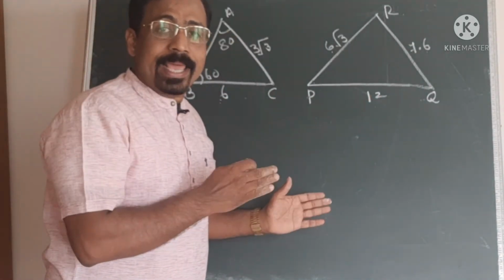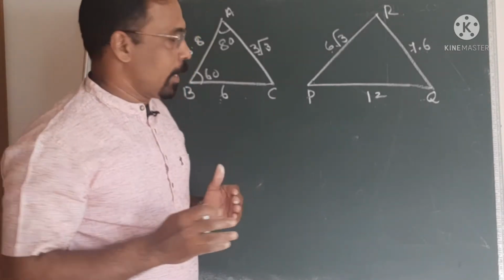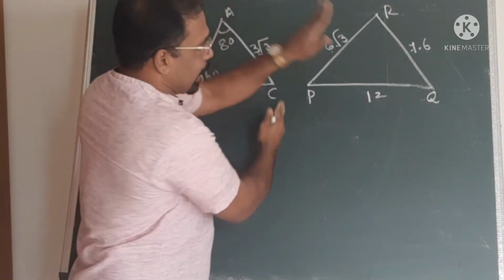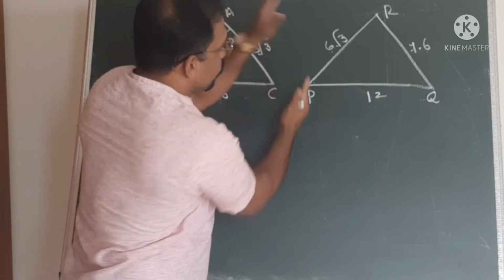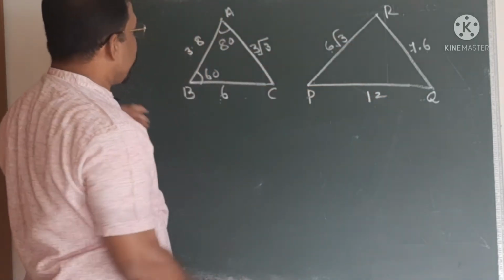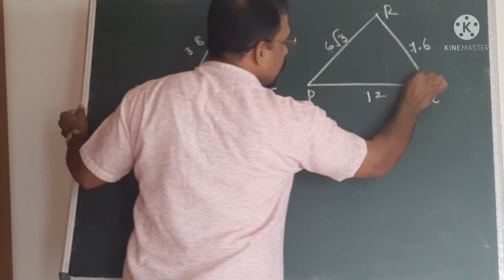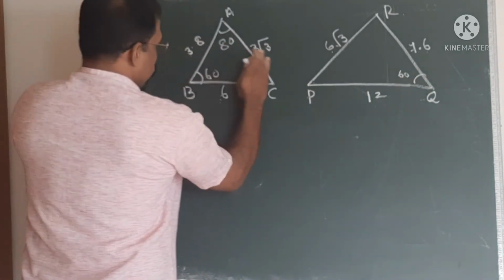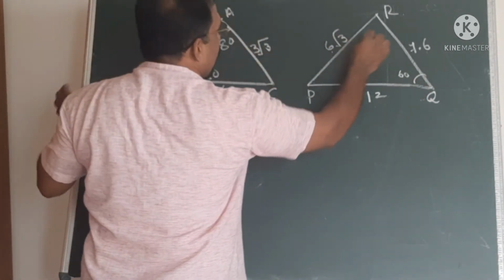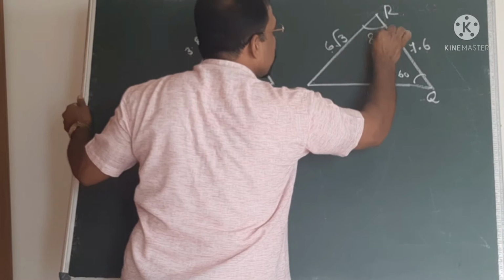Now which angle is corresponding to which angle? You just put it like this, just reverse it like this, then this will be 60 degrees and this will be 80.